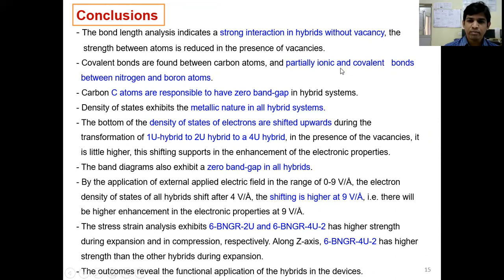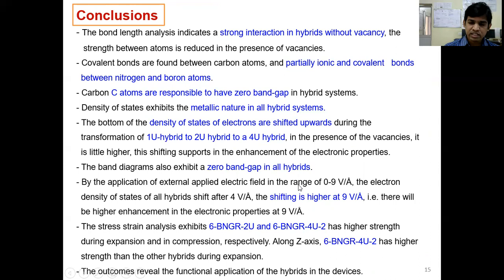A partially ionic and covalent bond is observed between carbon and nitrogen, and zero forbidden energy gap is obtained because of the contribution made by the carbon atom electrons. All hybrids exhibit a metallic nature, and with the increase in the width, shifting in the bottom density of states is also observed, and band diagrams exhibit the metallic nature.